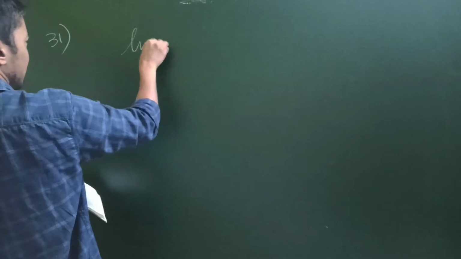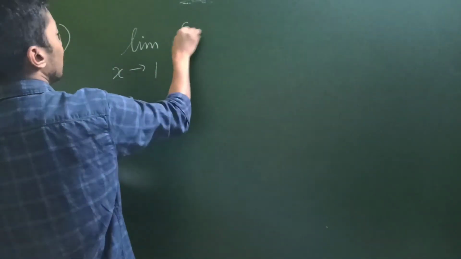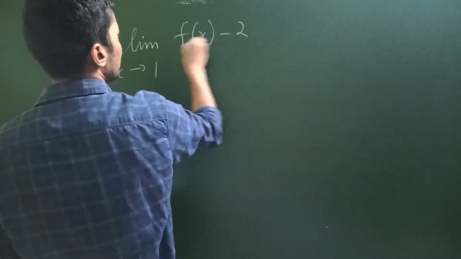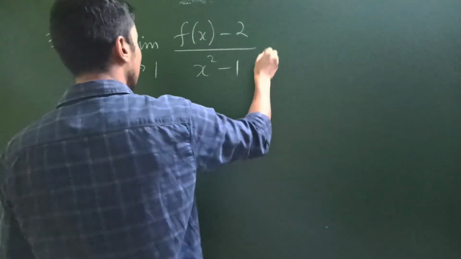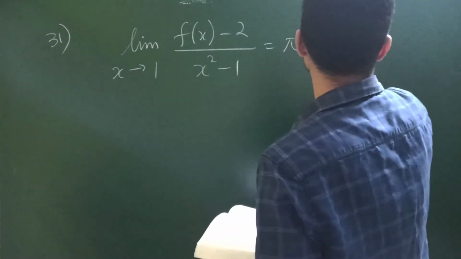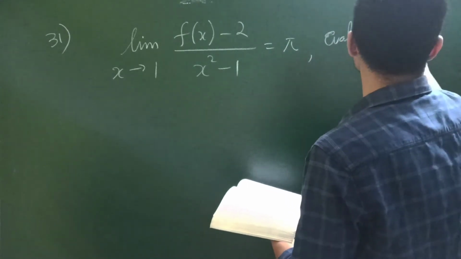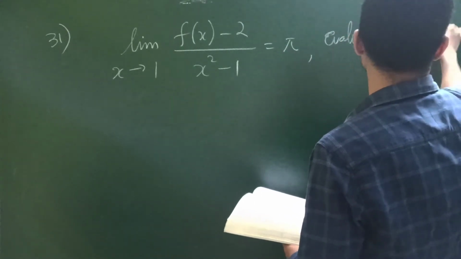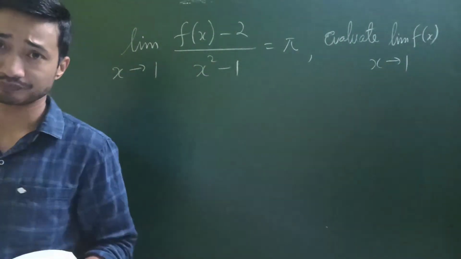Question number 31 states, if the function satisfies this limiting value as x tends to 1, of f of x minus 2 over x squared minus 1 is equal to pi, they are telling us to evaluate the limiting value of the function as x tends to 1.